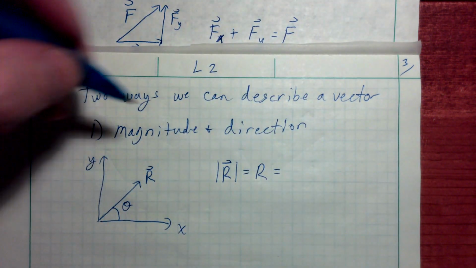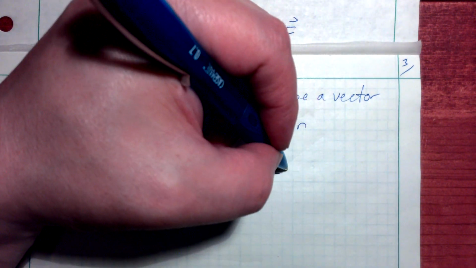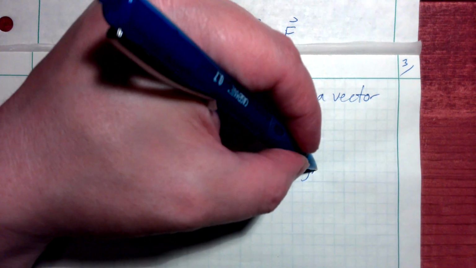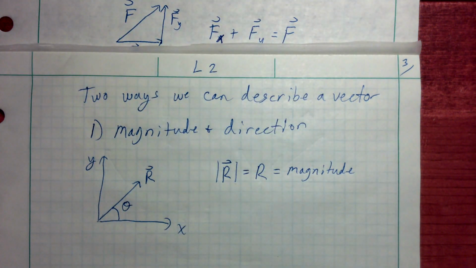If r is a vector, if I draw r without a hat, that means it's not a vector. That's a scalar quantity. This is only the magnitude of that r vector. It's only its length. How big is it? What is the quantity of it? That's r.